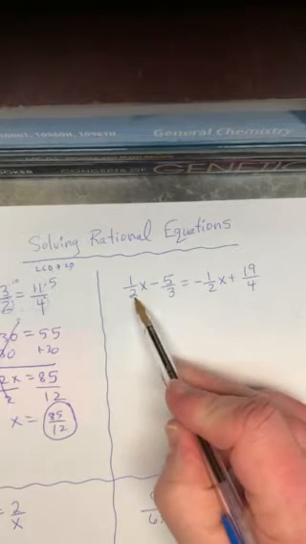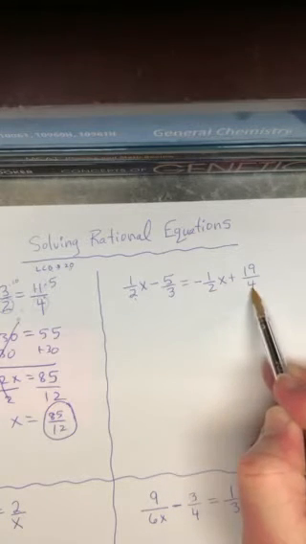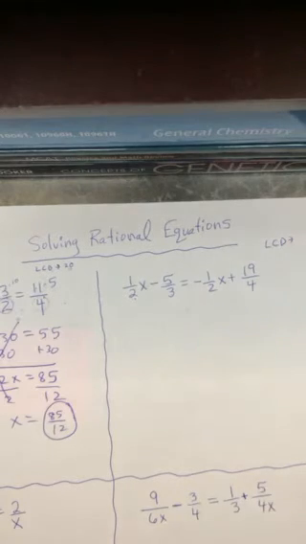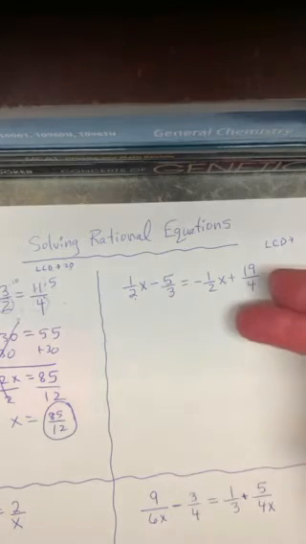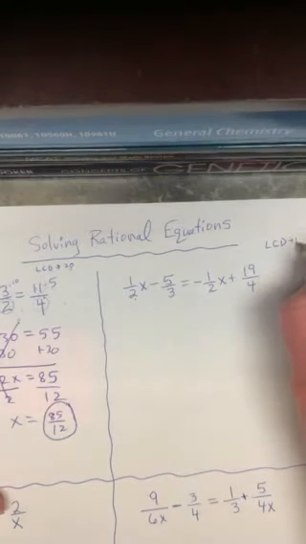I have a 2 and a 3 and a 2 and a 4. I need an LCD, don't I? A least common denominator. 2, 3, 2, and 4 all could get turned into what number? They all go into what number? Wouldn't it be 12?